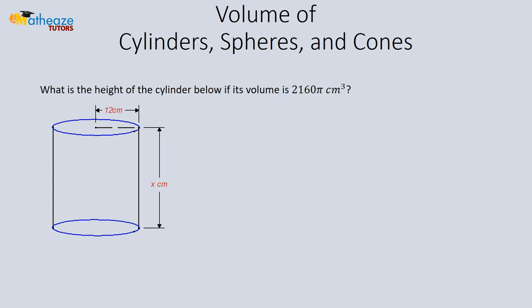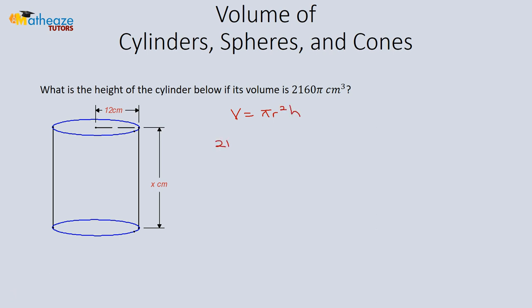Now we're told the volume. What is the height of the cylinder if the volume is 2160 pi cubic centimeters? So let's start off with, what do we know about the volume? The volume is pi r squared h.